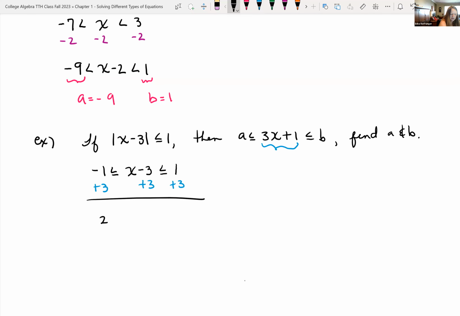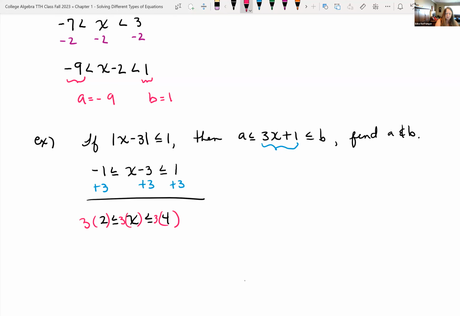So we get 2 is less than or equal to x is less than or equal to 4. I want it to be 3 times x. Remember, it's okay if we multiply by a positive. That's not going to change the direction of our inequality.